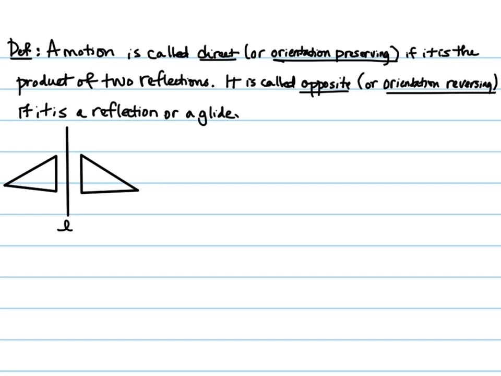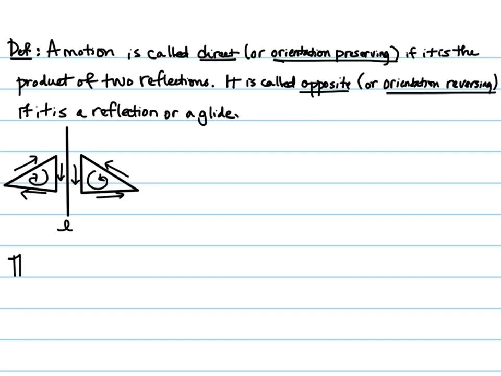I can copy paste, but I can't copy paste and reflect. So the idea is that if we had this sort of a clockwise movement going, we talked about the object going in this orientation. When it gets reflected, all of the orientation gets reflected as well. So we end up having our orientation looking like this as a part of the reflection process, and it goes like that. So if you reflect twice, of course, it would flip it back to where it was before, so we would preserve our orientation.